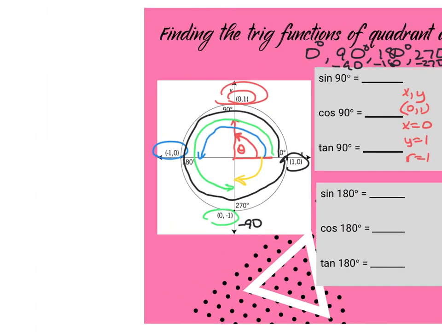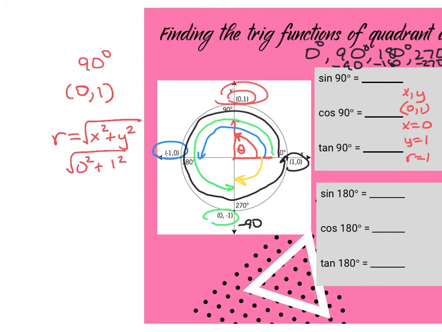If I did the 1 for the 90, r equals x squared plus y squared under the square root. So let's say I took the ordered pair for 90 degrees, which was 0, 1: 0 squared plus 1 squared. 0 squared is 0, 1 squared is 1, 0 plus 1 is 1, square root of 1 is 1. It's not going to matter which one of these 4 ordered pairs that are on the axis you choose. The r value for the quadrant angles is always 1.